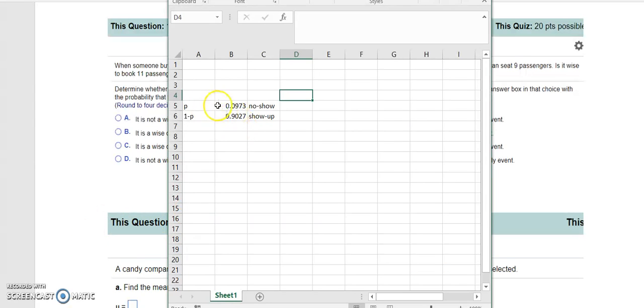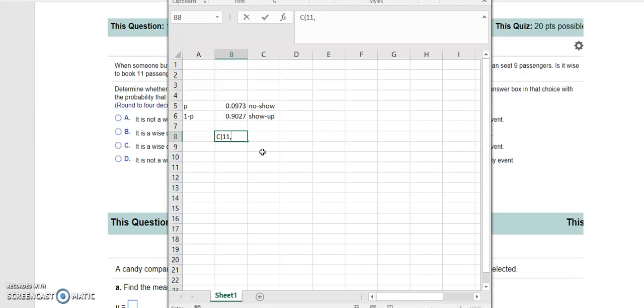So here's the setup. This is the probability of no show from the question, and this is the probability of someone showing up, which is 1 minus this. Since you're booking 11, we want only 9 showing up.